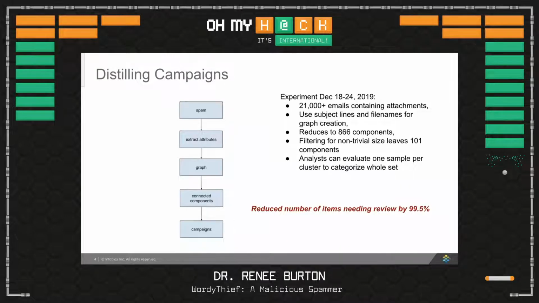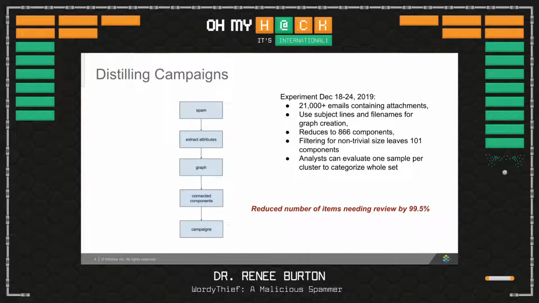But from a resource perspective, it ends up being a lot of work to go work on those. So we're going to focus on things that have at least a handful of emails in them. And I believe this 101 components comes from having at least 3 separate emails, 3 or 5. So at that point, we have 101 things.